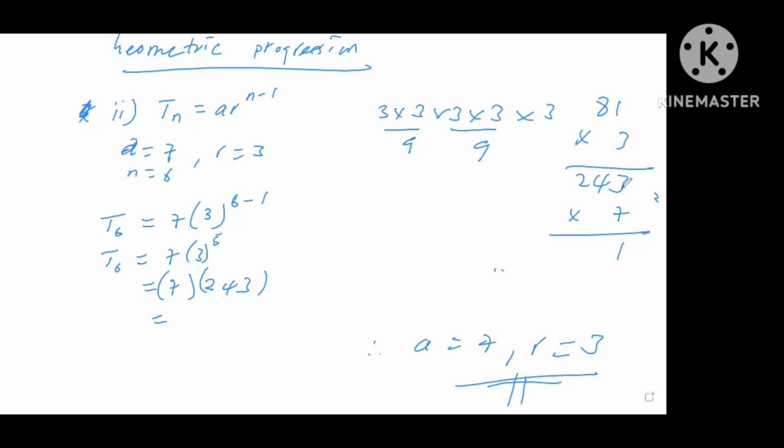So 28 plus 2 is 30, right? 0, carry 3. 7 times 2 is 14. 14 plus 3, you have got 17. So you have got 1,701. This is your sixth term.